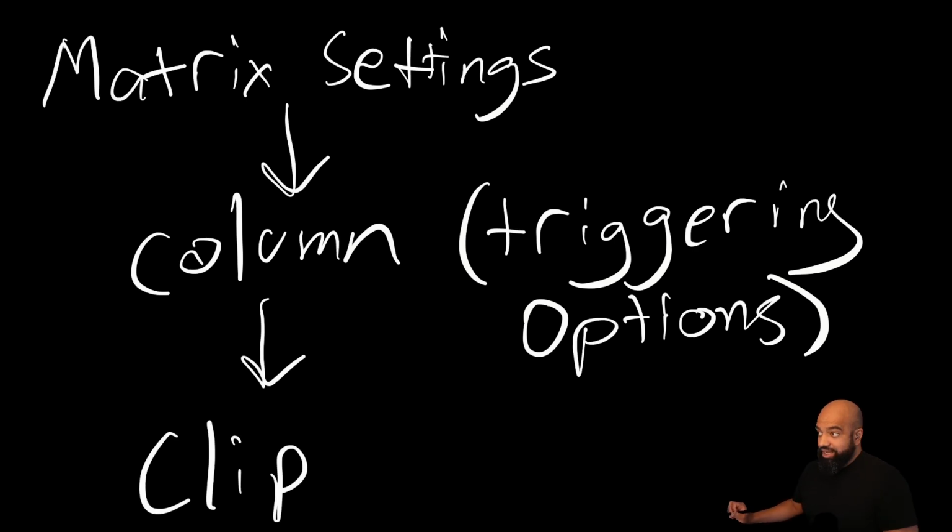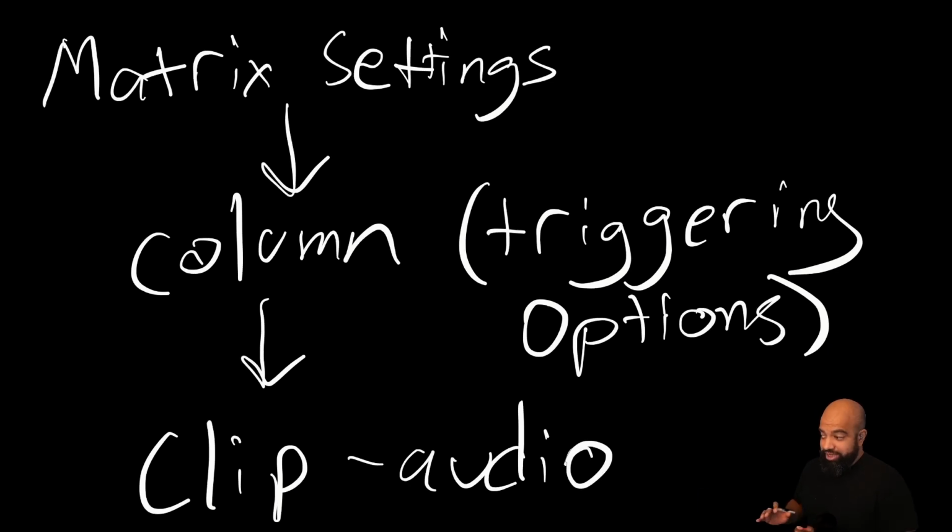That does not have the triggering options, but it talks about how it's going to be played back. So I think the column does the triggering options, how it handles playing, in some ways, when the clip is created. It looks like triggering is only in the column. In the clip, we have the audio specific to that clip.